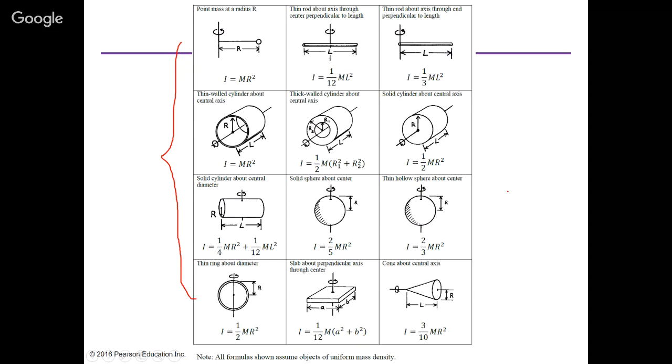We talked about how the rotational angle is connected to the angular acceleration when we have a constant angular acceleration case. We talked about how the kinetic energy is connected with the moment of inertia, and also we've talked about how to calculate these moments of inertia.